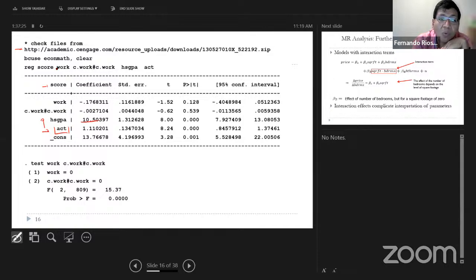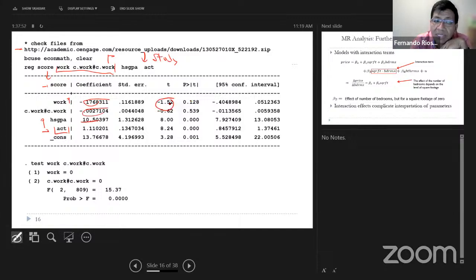Now, what about work? If work tells you how much time a person is spending on their paid job, it would also imply that there is less time that they are spending studying. And if that's the case, the more people work, the worse their returns should be. And that is what this model is actually telling you, both in terms of the coefficient of work itself and work squared.